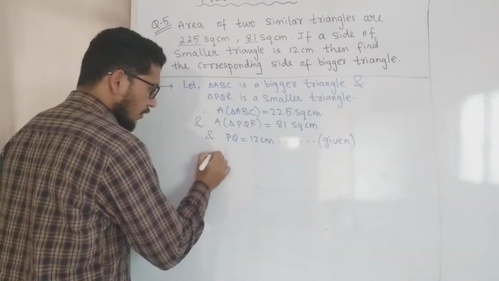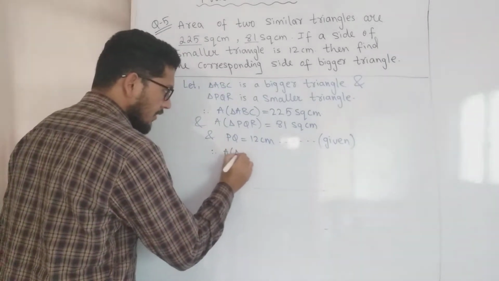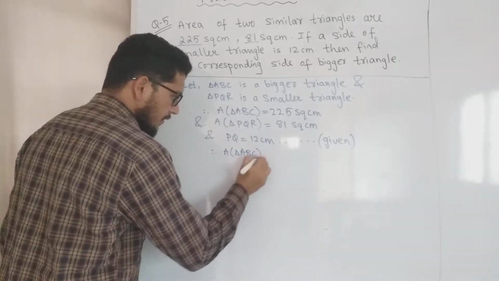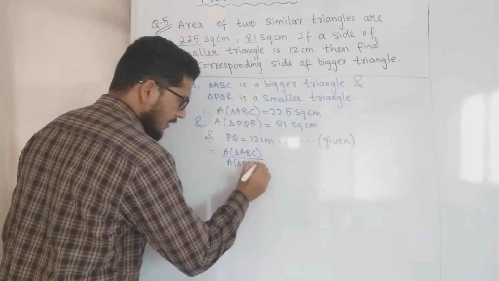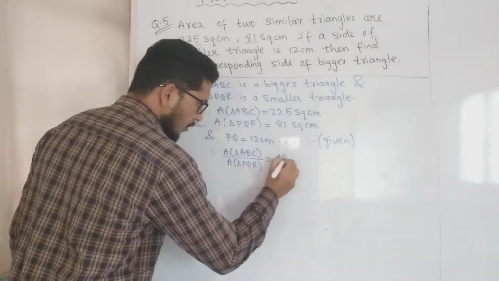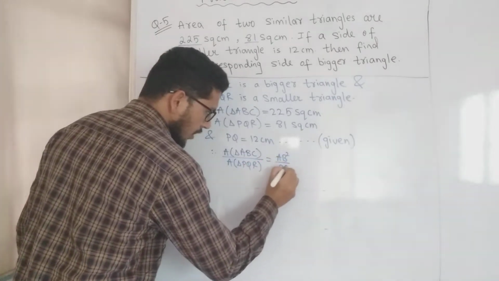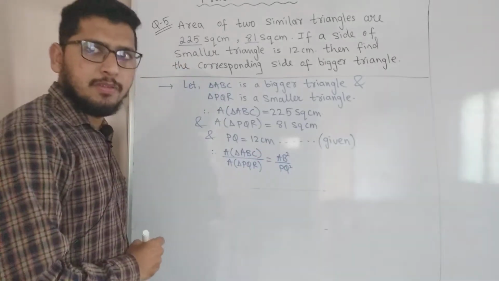We'll write: therefore, area of triangle ABC upon area of triangle PQR. What is the formula here? It is equal to AB square upon PQ square. AB is the greatest side, PQ is the smallest side.